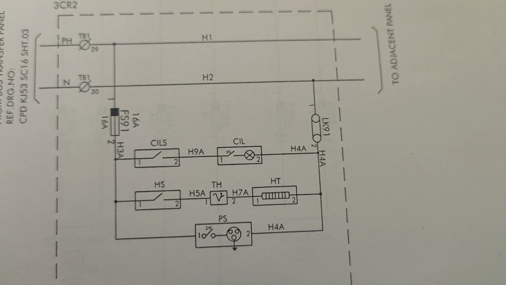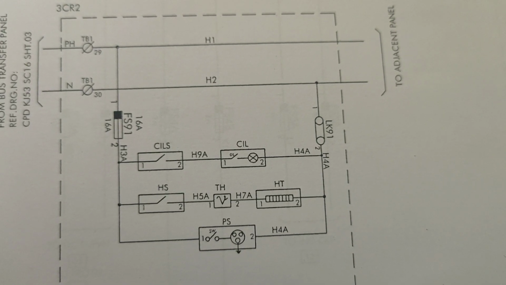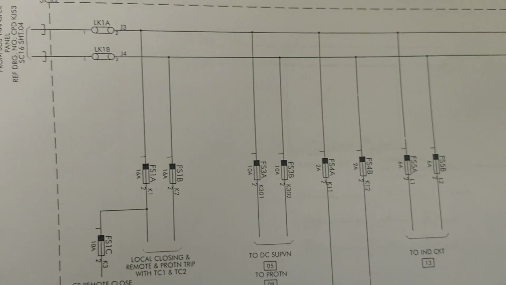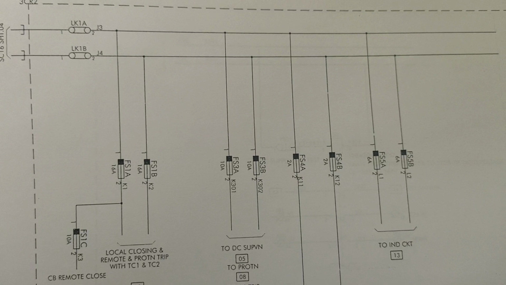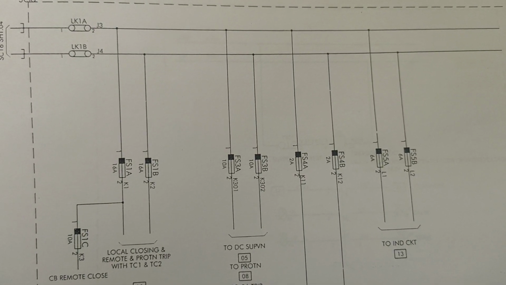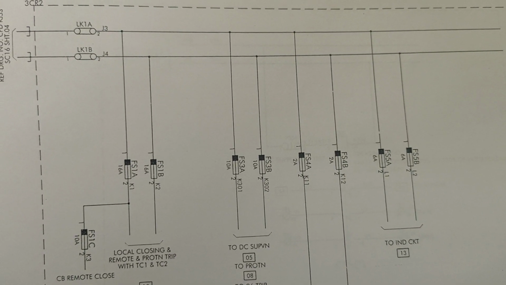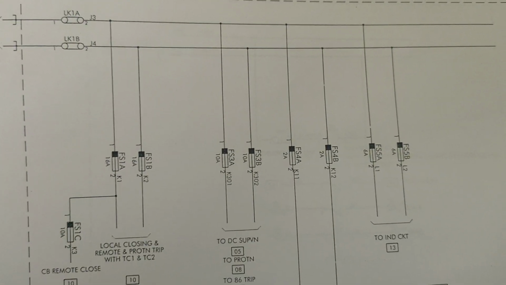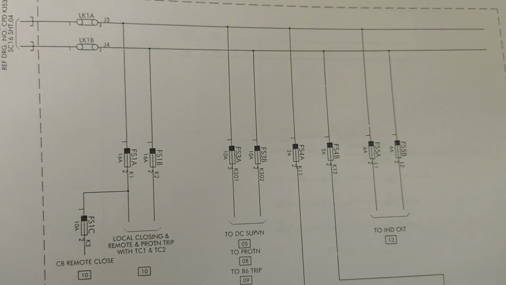Now we will discuss the DC distribution circuits. DC is the heart of the substations. We know that DC is used for protection purposes or emergency lighting inside the control room, substations and power plants.